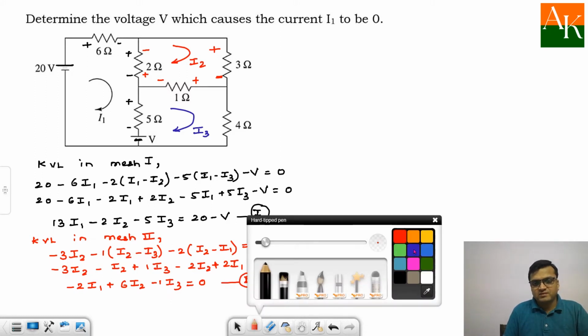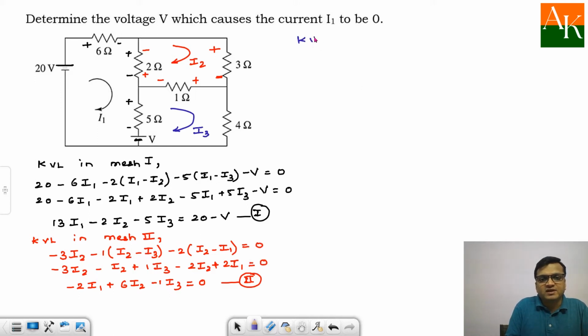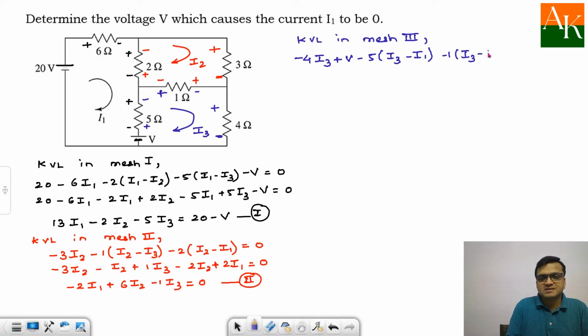Then KVL in mesh 3. I assign the signs for the voltages in this manner, plus minus and plus minus over here. This is across the 5 volt. I am starting at this point, so this will give me minus 4 times I3. Go ahead, plus V. Here it will be plus V, leaving sign, because I am going in the upward direction. Then minus 5 times I3 minus I1, and then minus 1 times I3 minus I2.